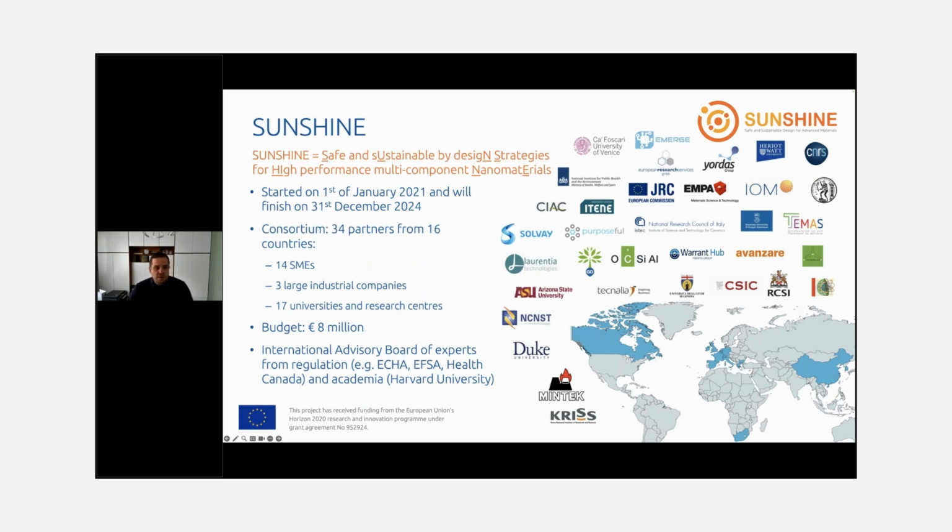There is not a formal definition of what multi-component nanomaterials means, but we have a working description in our project. We describe them as advanced materials formed by two or more functional components at the nanoscale, or by a nanomaterial with a unique chemical composition modified by hard or soft coatings. So these advanced materials are in fact nanocomposite materials.